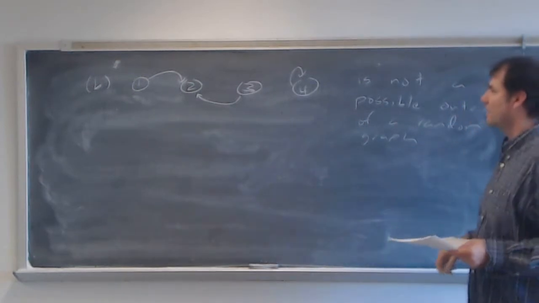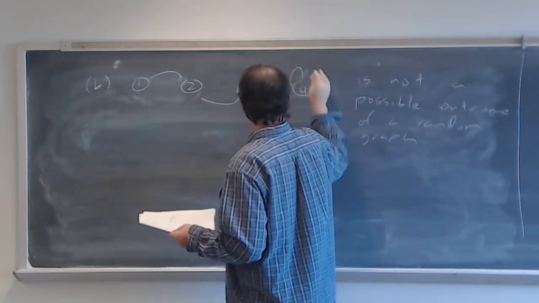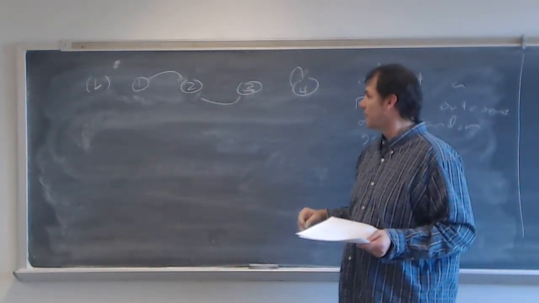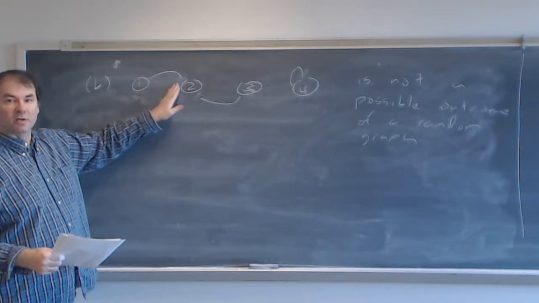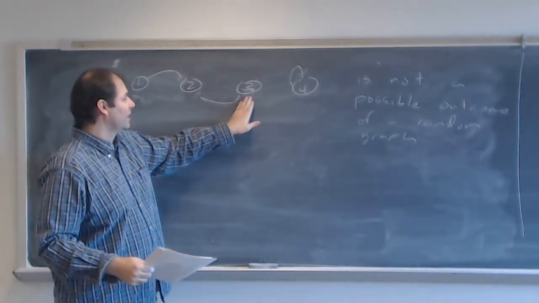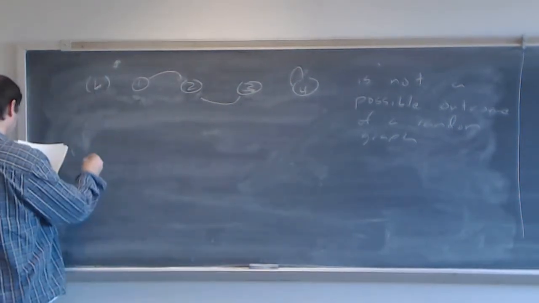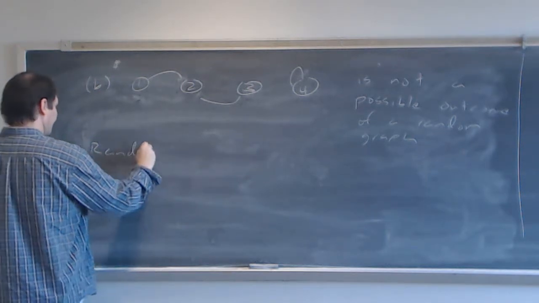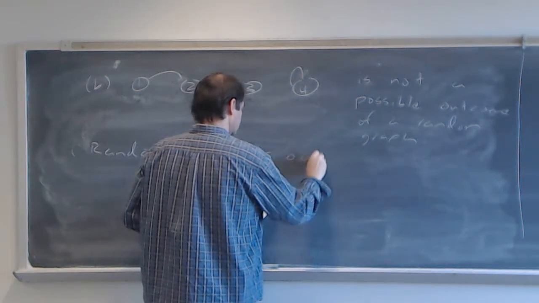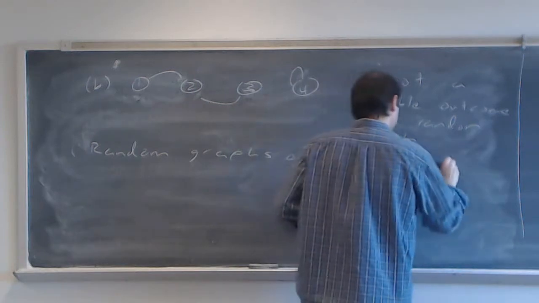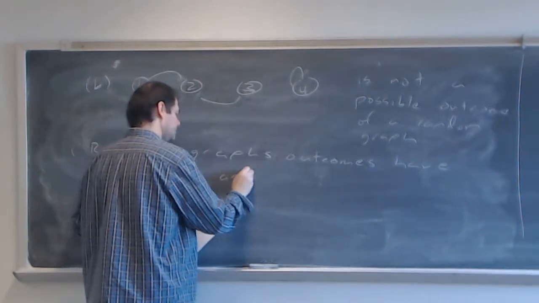Even if I didn't put the arrows, if I just had these arcs listed here, the reason that this is not a random graph is that this arc is created by 1 going to 2, this arc is created by 3 going to 2, and this arc is created by 4 being sent to itself, so where did 2 get sent? And so, as a fact, random graph outcomes have exactly n arcs.